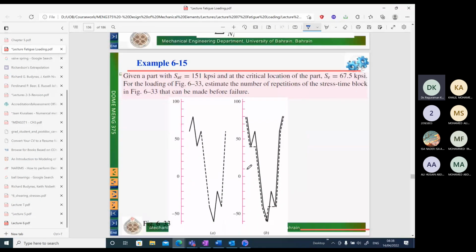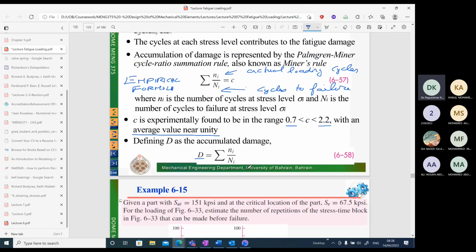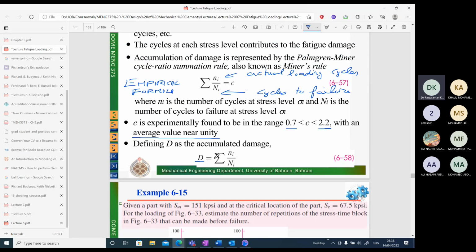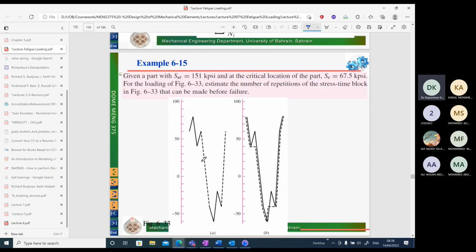So let's see a simple problem on how to apply this method to calculate the number of cycles to failure. We have the values here, and we are applying these 2 types of load, a random vibration, and this combination of the load is repeated again and again.